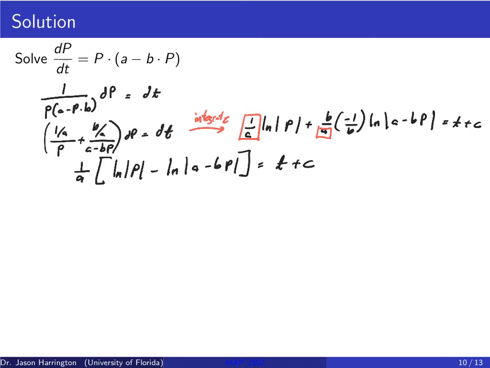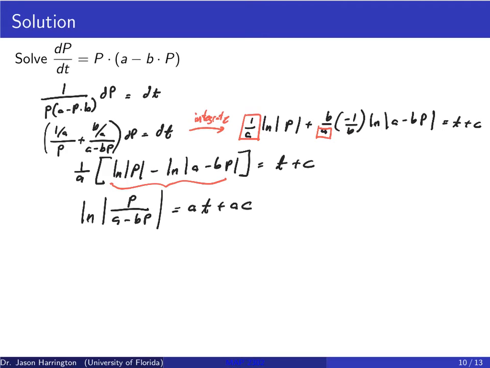So then I can combine these two natural logs and bring the a to the other side. So now I'm going to have the natural log of the absolute value of p divided by a minus bp is equal to at plus ac.